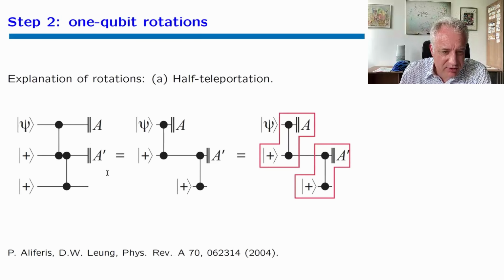Okay, so the first step is just to change the temporal order of commuting operations. So if you look at the conditional phase gate here and the measurement up here, the conditional phase gate is done earlier. But the gates commute, so we can switch the order, which is what we do. So over here in this equivalent circuit, that first measurement is done earlier than the conditional phase gate.